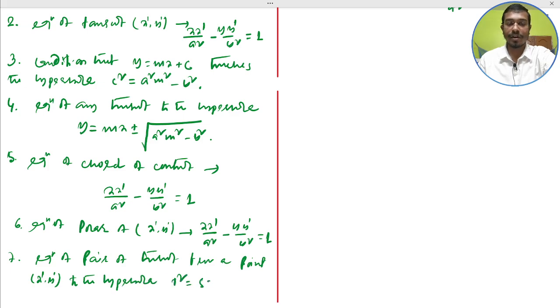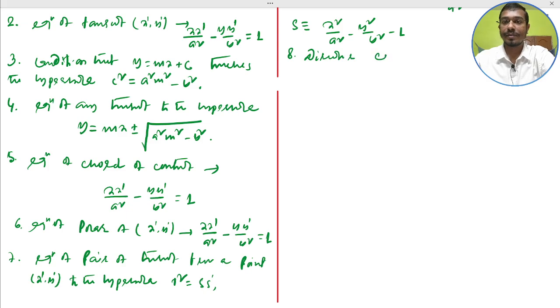T square is equal to S S dash, where S is nothing but x square by a square minus y square by b square minus 1. Director circle equation. Number 8. This is nothing but x square plus y square equal to a square minus b square.